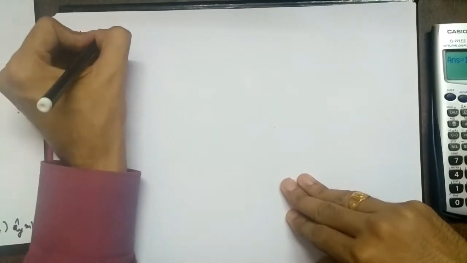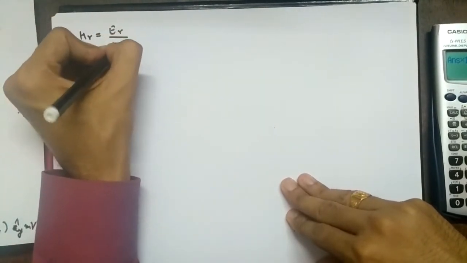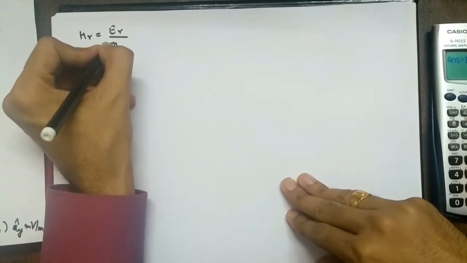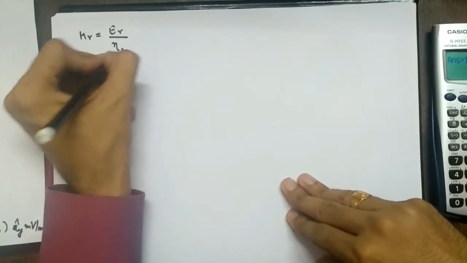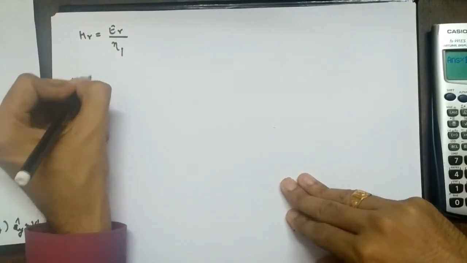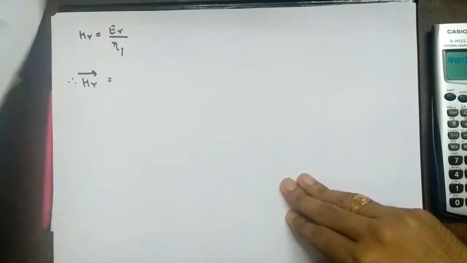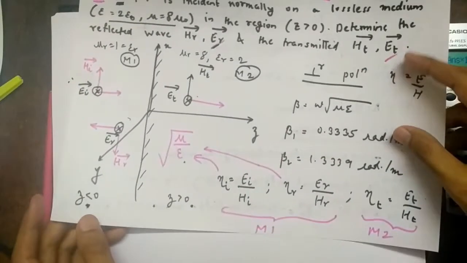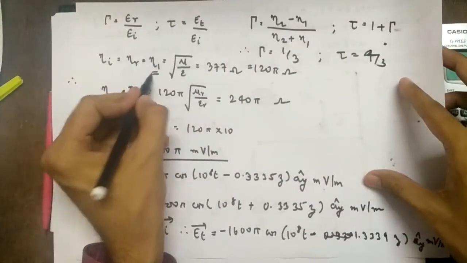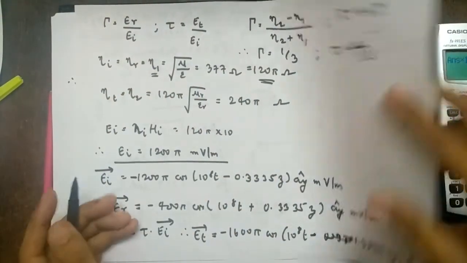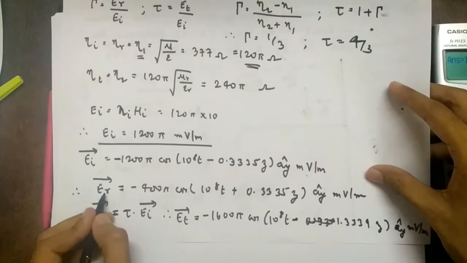So we are in reflected, so it is medium 1. So therefore we can find HR vector. So just divide ER vector by eta 1. What is eta 1? 120 pi.